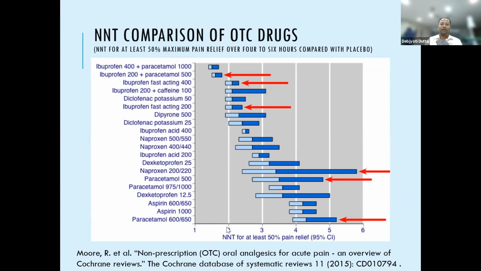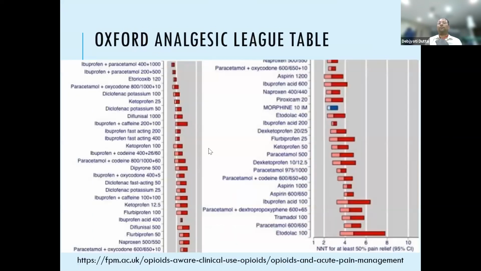This is from a Cochrane review, but the Oxford analgesic league table is most widely used. Here also many different drugs have been used, and it has also shown the ibuprofen paracetamol combination is the most effective drug, actually for acute nociceptive pain.